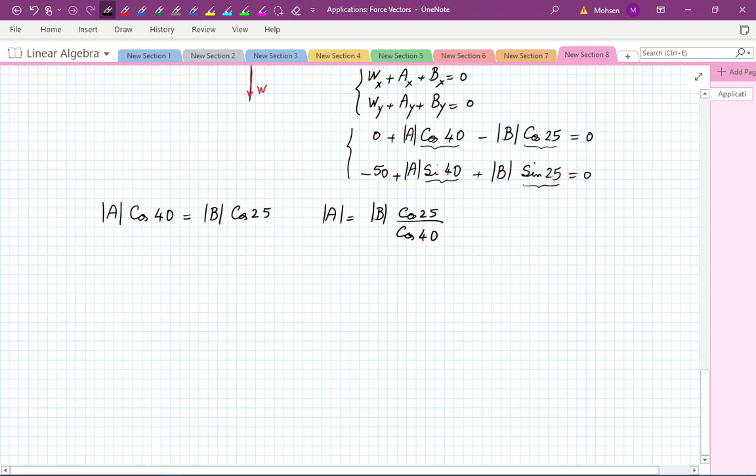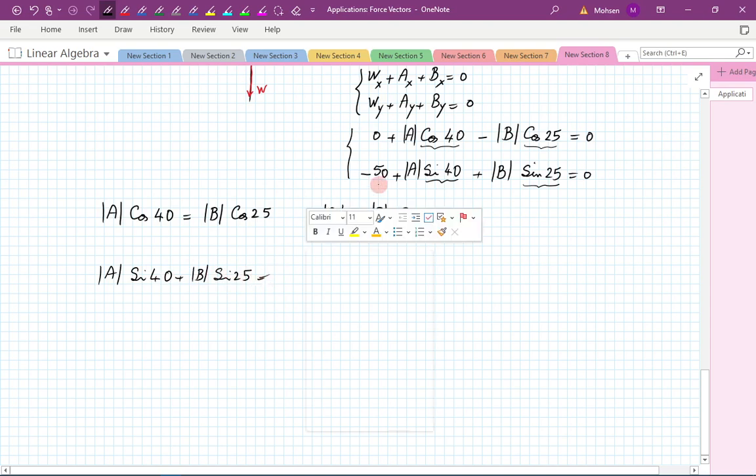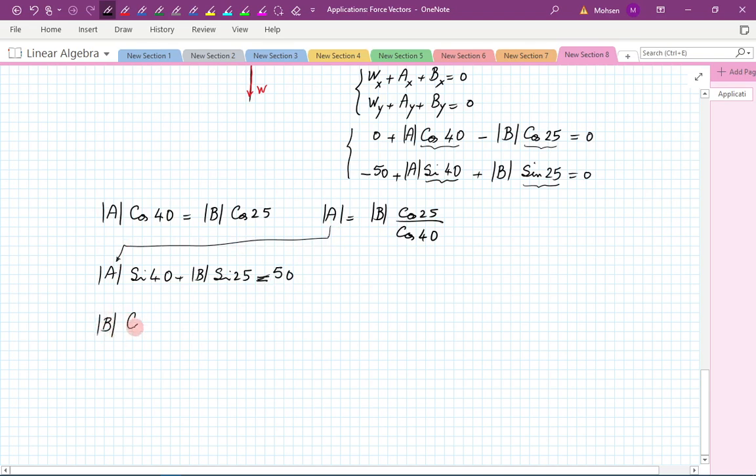The next equation says A sine of 40 plus B sine of 25. Let me take the 50 to the other side. It is equal to 50. So I'm going to take this A here and substitute it for the A here. So I'll get B times cosine of 25 over cosine of 40, then times sine of 40, plus B times sine of 25.